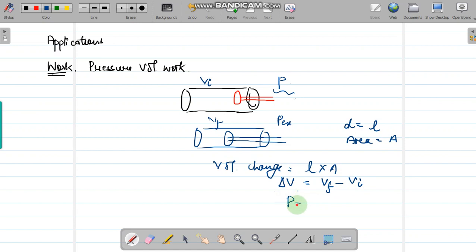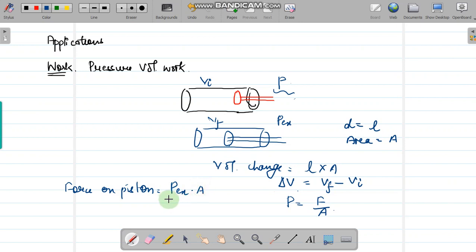And we know that pressure is equal to force upon area. Therefore, the force on the piston is equal to Px A.